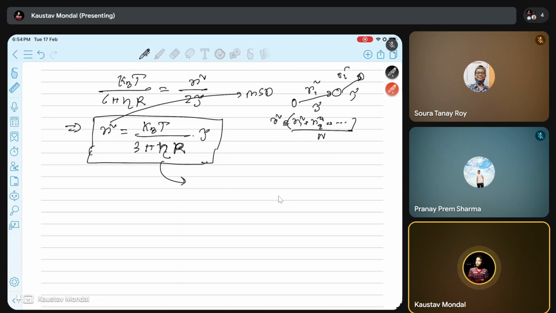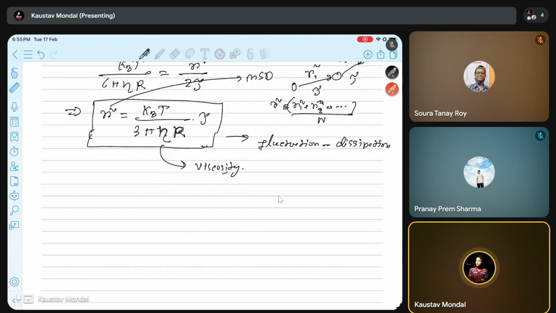So the fluctuation, that is the random motion of the particles, and eta, that is the viscosity, characterize how the energy will be dissipated from the particle. This fluctuation and this dissipation are related by this relation, so this relation is known as the fluctuation dissipation relation. This is a very important relation that was derived by Einstein.